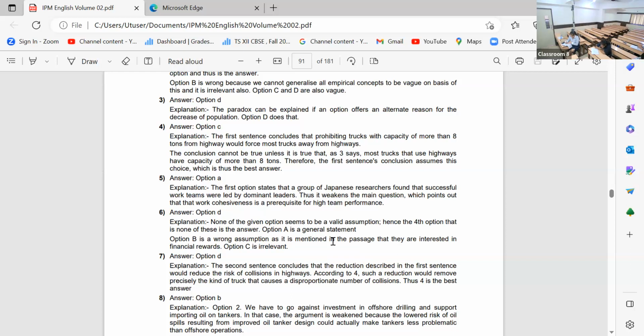Mansi, this fifth one, read out the fifth one. A highly cohesive work group is a prerequisite for high performance. Sociologists point out that the association between success and group cohesion owes to the support individual team members give to one another and their acceptance of the group's activities.